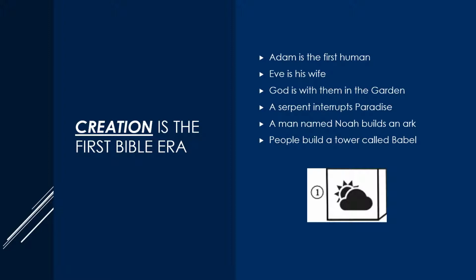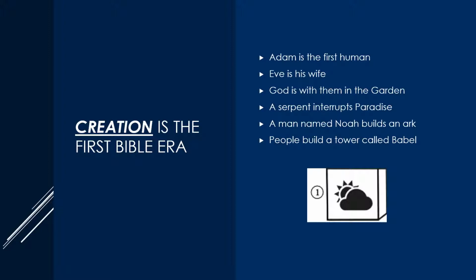And when God breathes the breath of life into his nostrils, he becomes Adam. We call him Adam in our modern day, but his name literally means from the dirt, from the dust. And so we have Adam. Eve is his wife. Her name means living. And of course, the text says that Eve became the mother of all living.